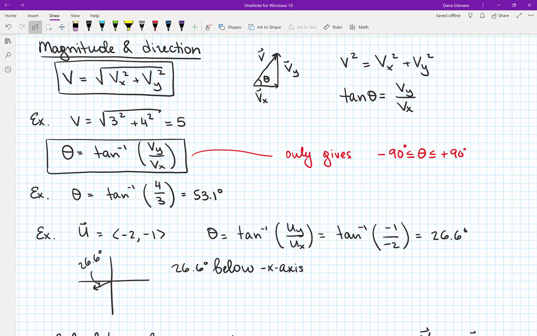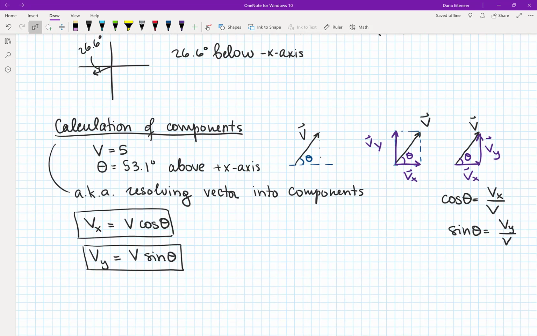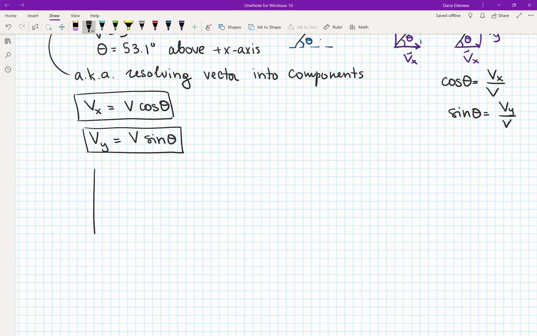Okay. So you should be able to go both ways now, right? You can calculate magnitude and direction from components, or you can calculate both components from magnitude and direction. And the most important thing for both of these is to remember the negative signs, right? To the right and up is positive, and to the left and down is negative.